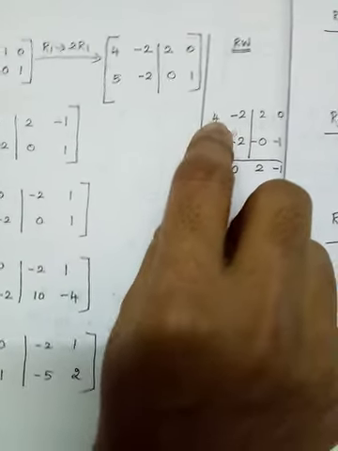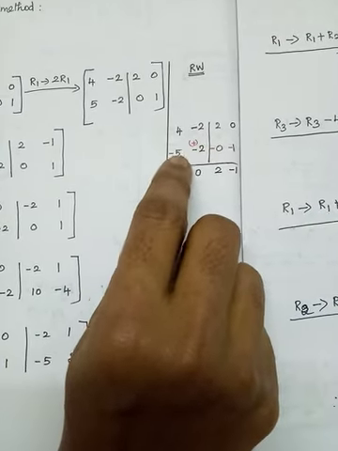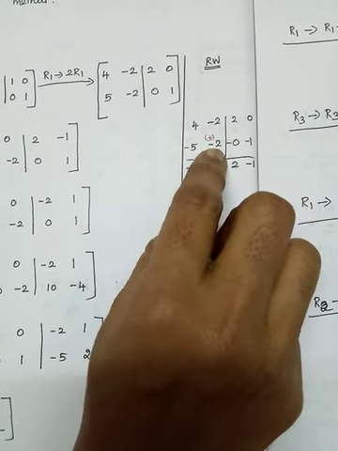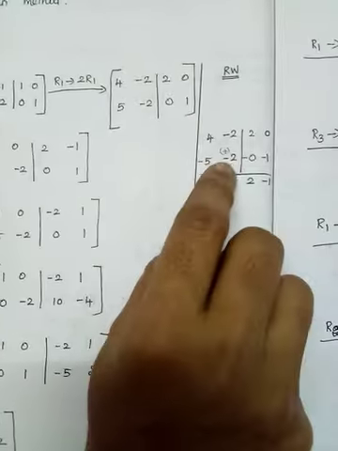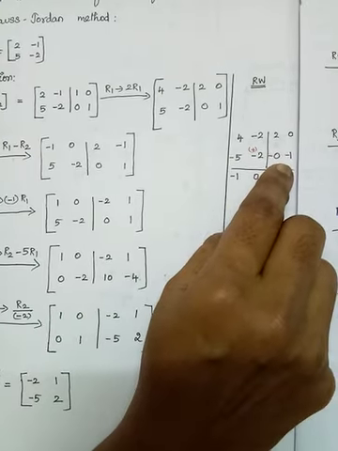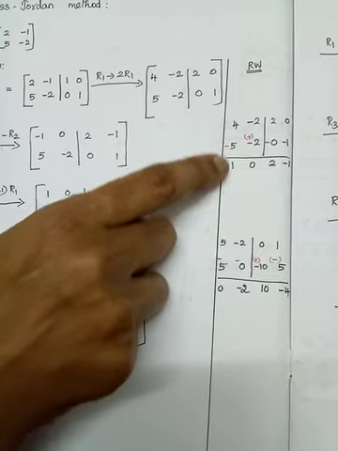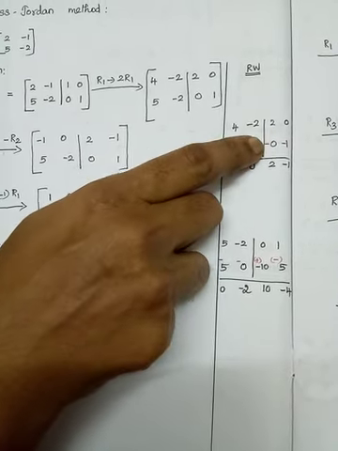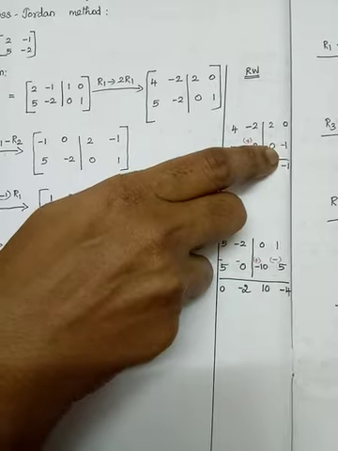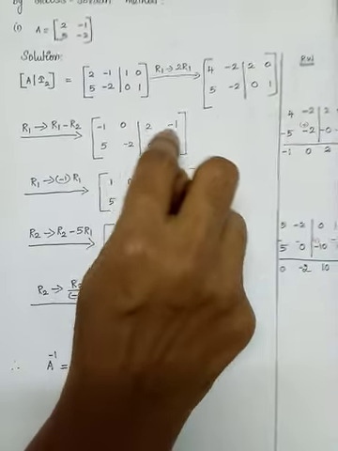R1, I have written 4 minus 2 is 2, 0, and R2 is 5 minus 2, 0, 1. Since it is subtraction, I have changed the sign. So 4 minus 5 is minus 1, minus 2 plus 2 is 0, 2 minus 0 is 2, 0 minus 1 is minus 1. So I have written this in R1.